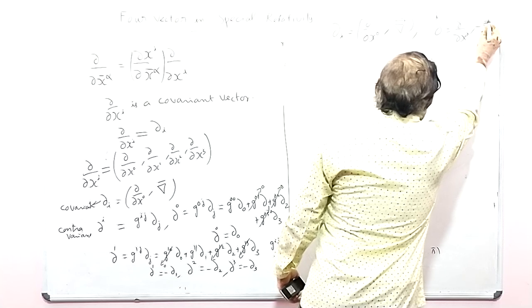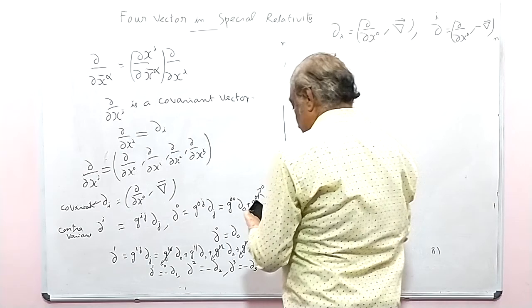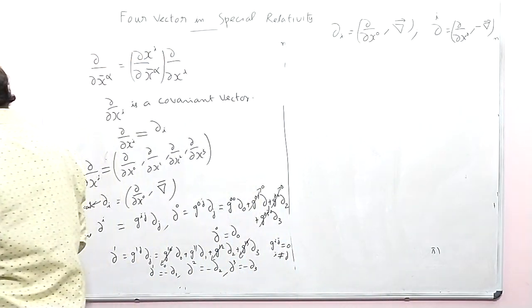So, there are 3 components here. So, this is a 4 vector.